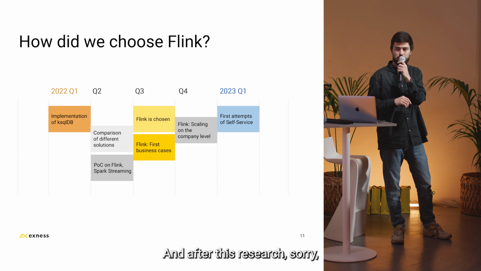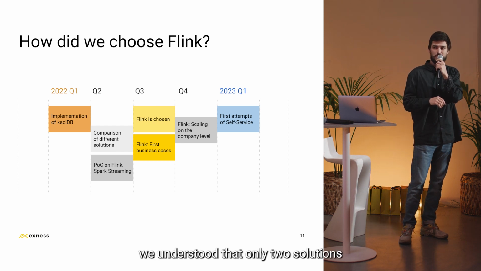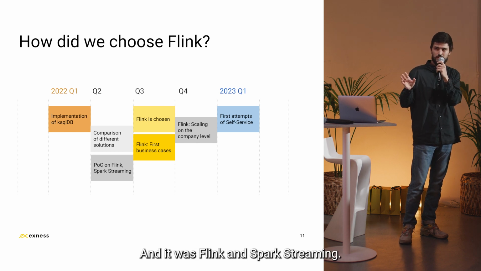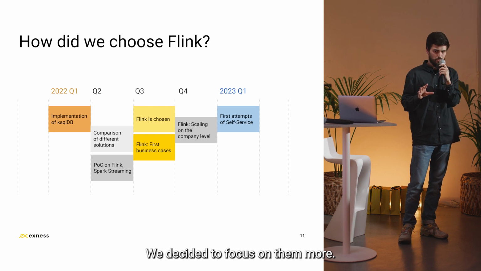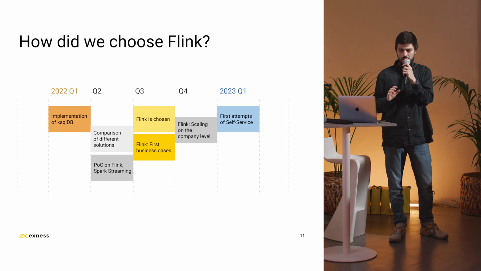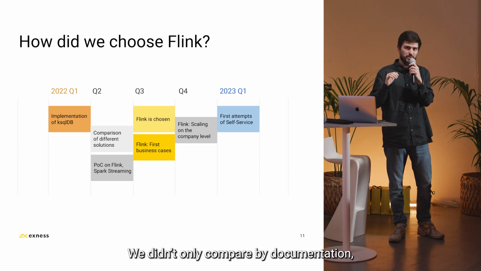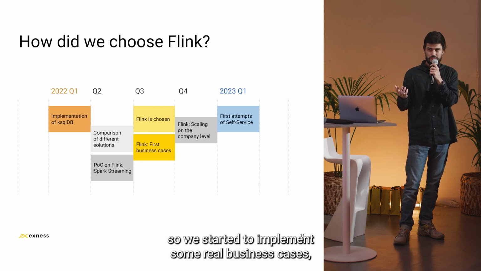And after this research, we understood that only two solutions are suitable for us. And it was Flink and Spark Streaming. And we decided to focus on them more. We not only compared by documentation, so we started to implement some real business cases.